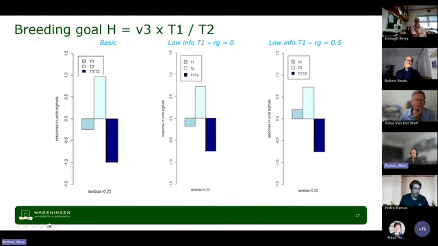Now this is basically the last set of graphs I have in this presentation, where we again consider the ratio trait, going from the basic situation on the left to the low information setting in the middle. You see that both underlying traits are now suffering from less information, and actually also the ratio trait gives less response here.